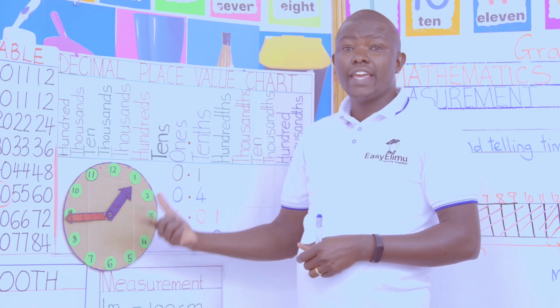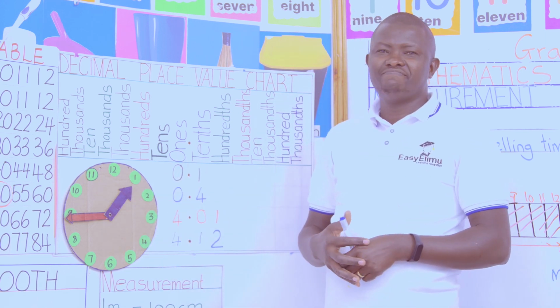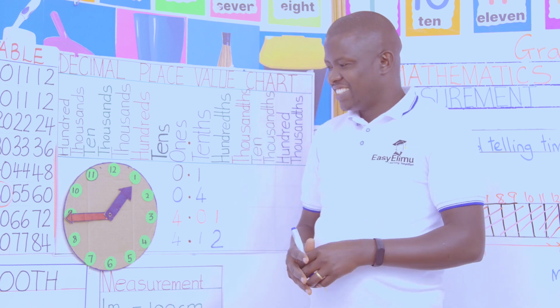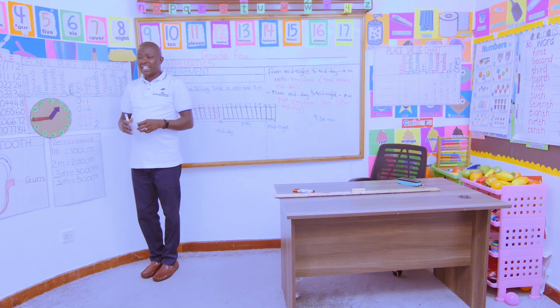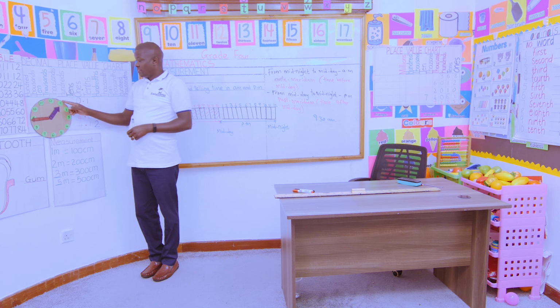So is it AM or PM? Tom, remind us. This is PM. We say now it's 15 minutes to 1, or it is 12:45 PM because it is already past midday.